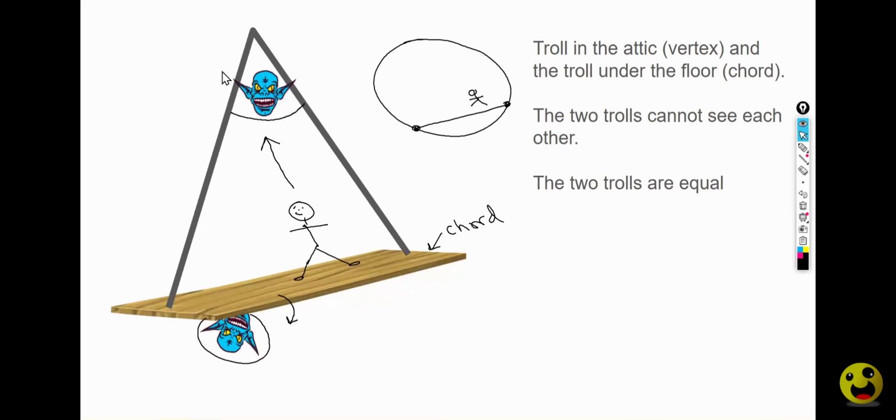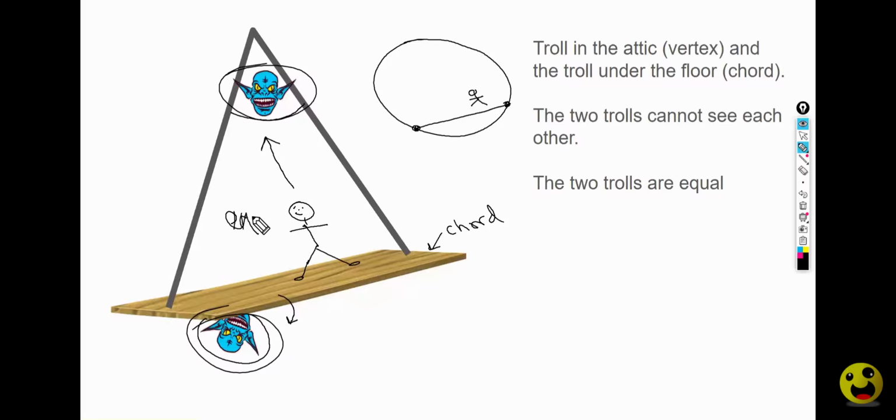The answer is no. They cannot see each other because what's blocking their point of view? The floor. The floor is in between the two of them. These trolls represent angles. This troll is one angle, and the one below the floor is another angle. In a case like this, the two angles are always equal.